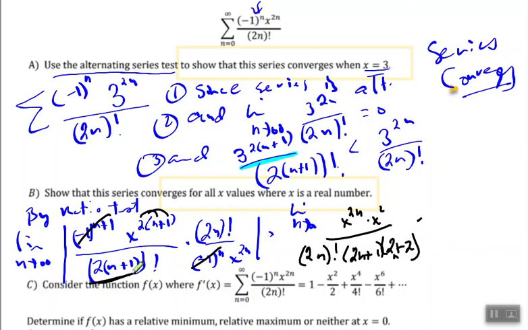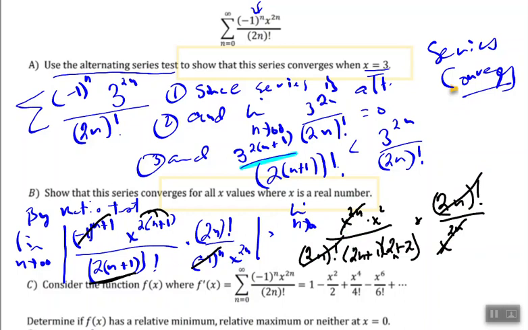I'll do that on another slide, show you how I got that. 2n factorial over x to the 2n. So that now cancels out right there and right there, right there, and right there.